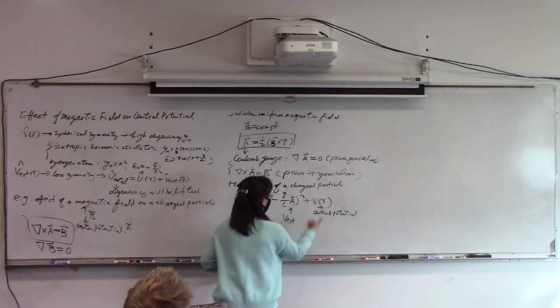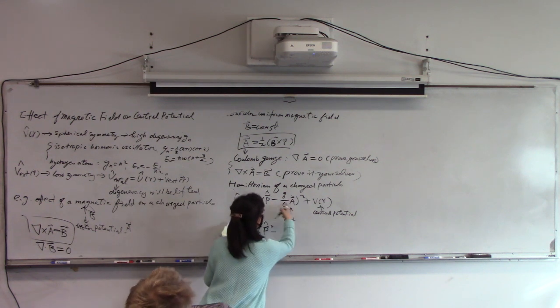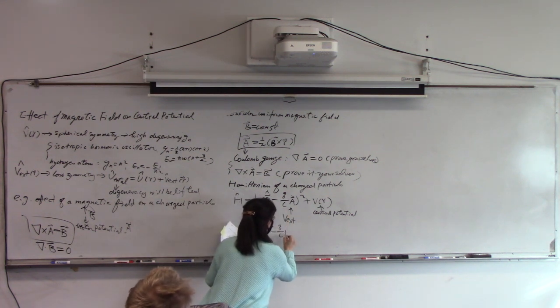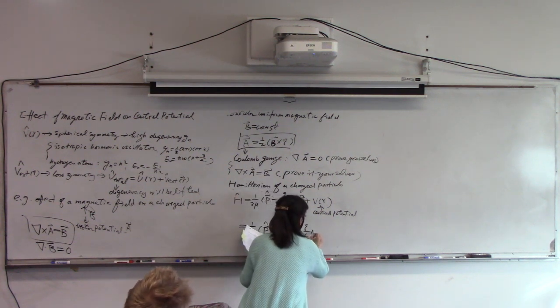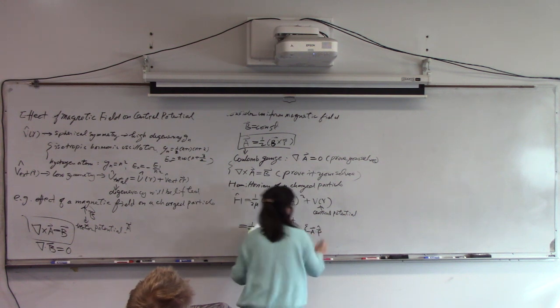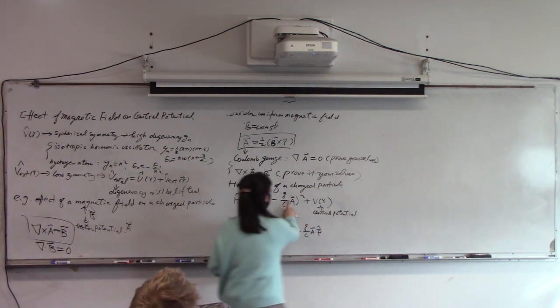The position cannot change since they are operators, so we keep it. The first one is q over c, p inner product A, and the second is q over c, A inner product p, two times, and then the last one is this square.